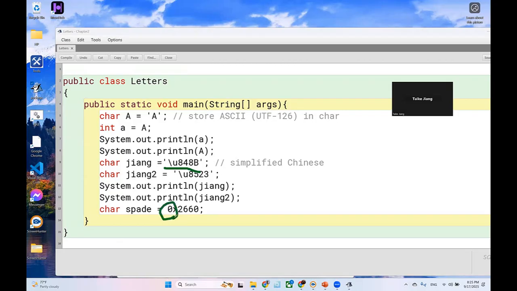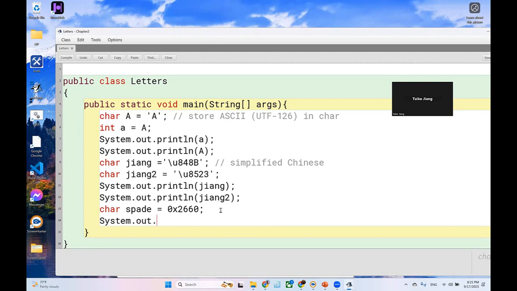You can also use 0x. 0x means a base 16 number. So you can use a Unicode or a base 16 number. Both are working. So it will be a spade. I just want to show you how this different kind of symbol is represented in the computer system.